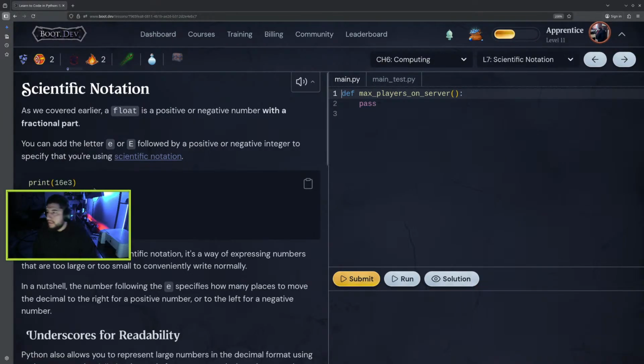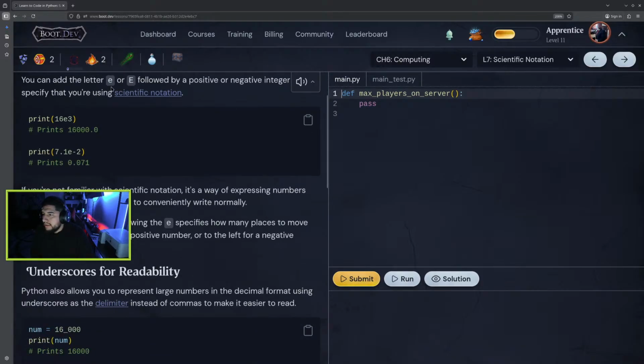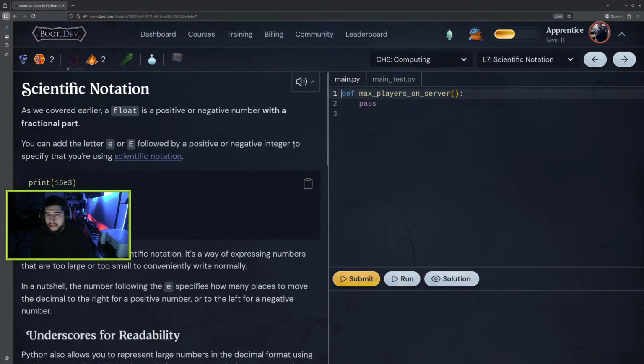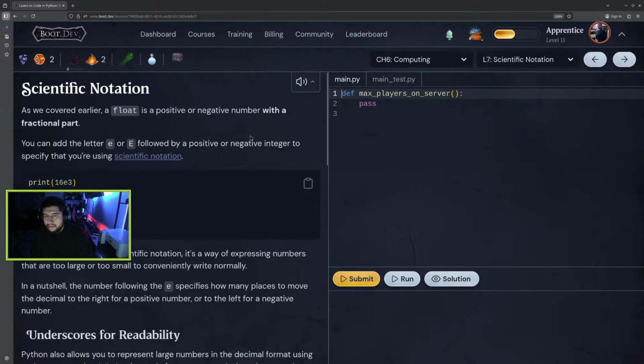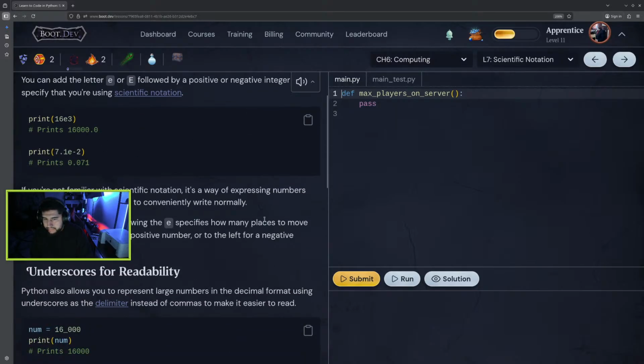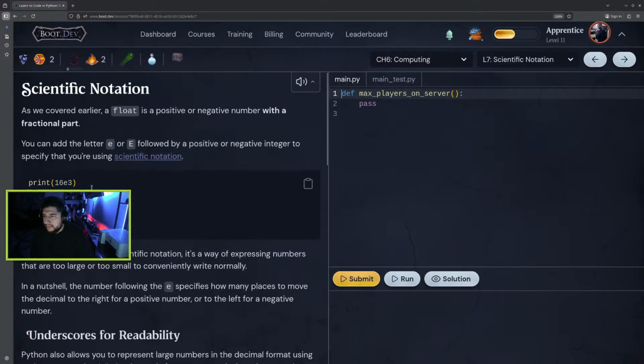Scientific notation. As we covered earlier, a float is a positive or negative number with a fractional part. You can add a lowercase e or capital E followed by a positive or negative integer to specify that you're using scientific notation. So print 16. I forgot what E stands for. Exponential?